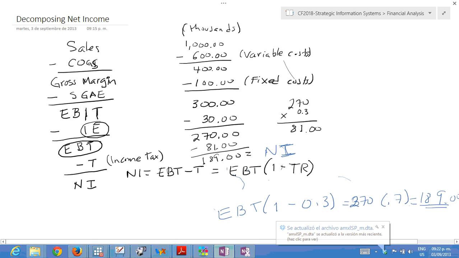And we end up with the same value. Then we have this very simple formula. I will continue analyzing this decomposition of net income in the next video.